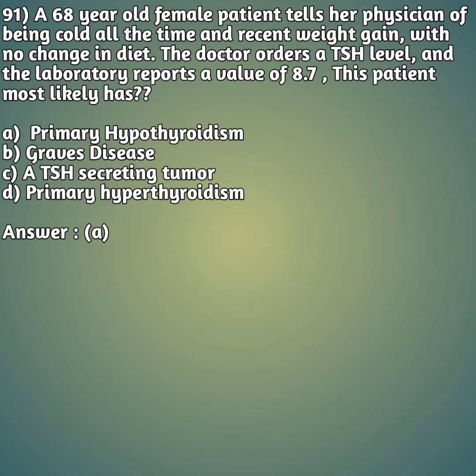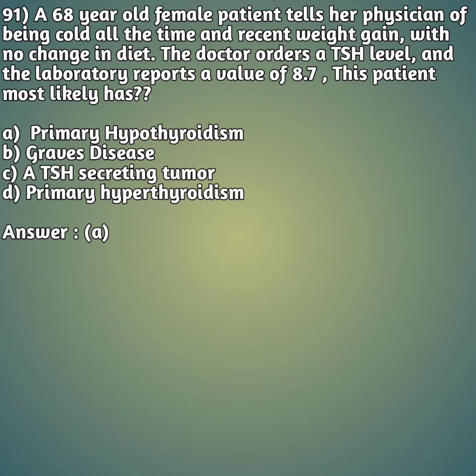This is also a case history question. A 68-year-old female patient tells her physician of being cold all the time and recent weight gain with no change in the diet. The doctor orders a TSH level and the laboratory reports a value of 8.7. This patient most likely has what?